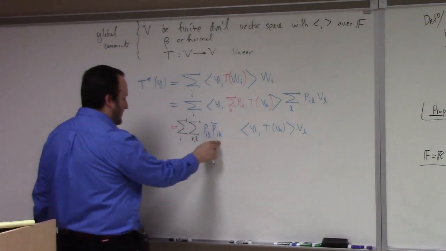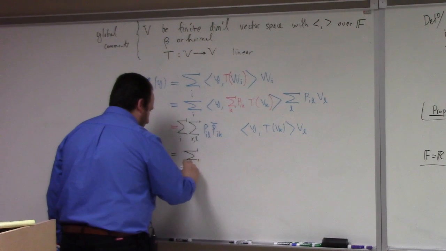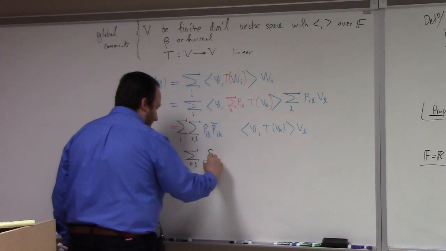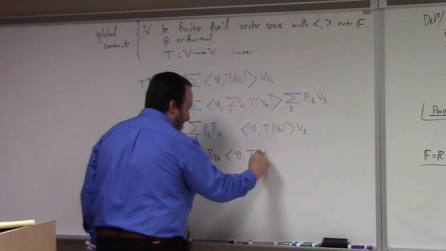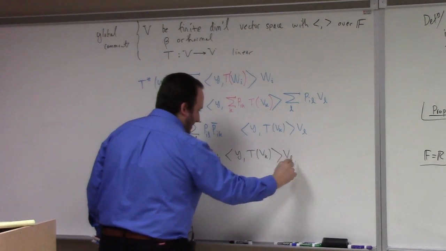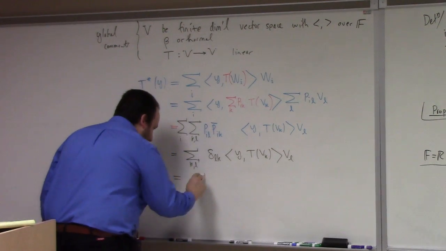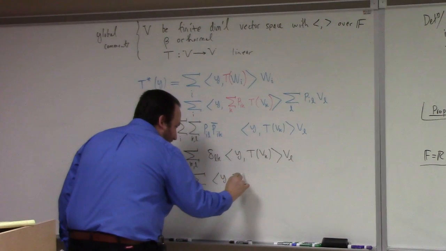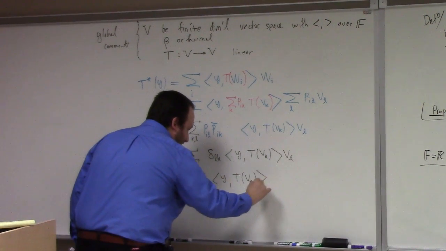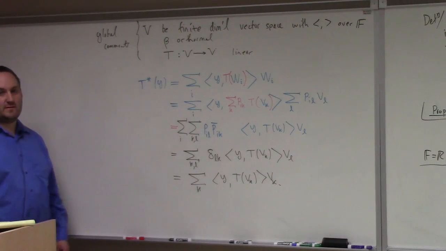But the point was that this is the sum over k and l of the Kronecker delta, lk, which then gives me just one sum, which is all I need. So there we go. We're back to the formula for the adjoint in the beta basis.